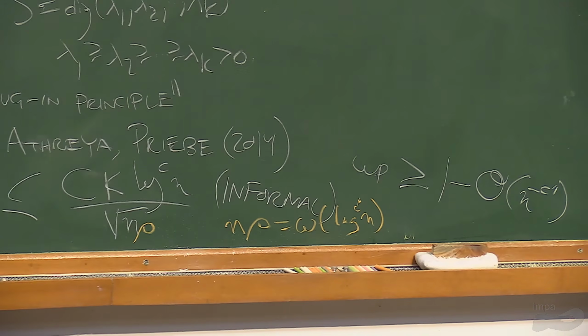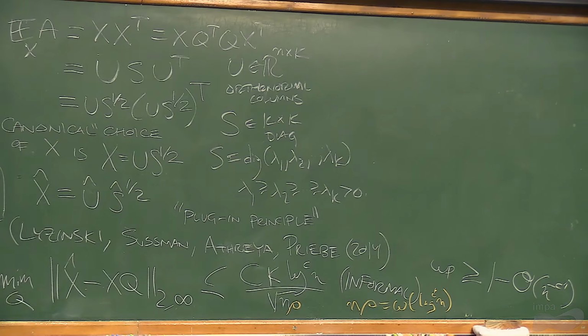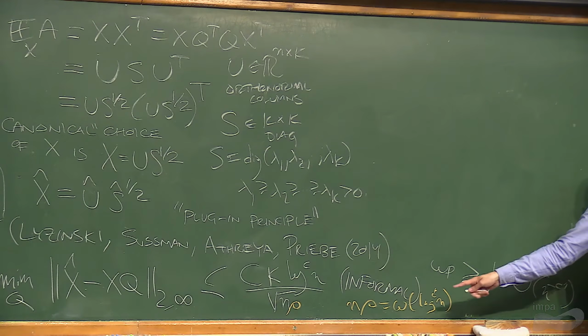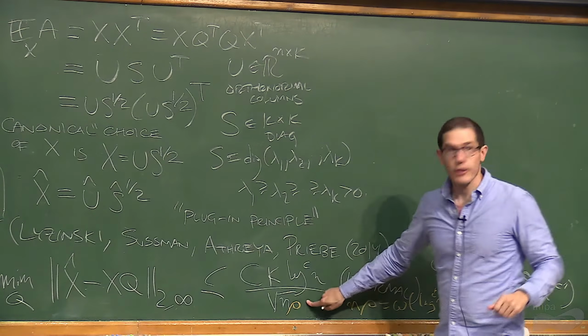So remember, our results about detection in the stochastic block model only said that in the large n limit, the probability that I recover everything is 1. This says something stronger. Once c is bigger than 1, this says that eventually, almost surely, I get this kind of recovery.